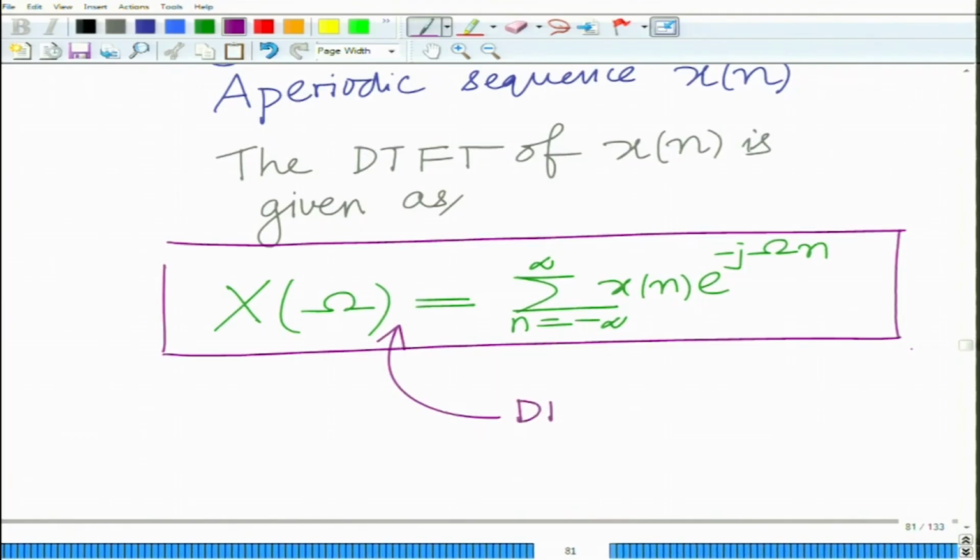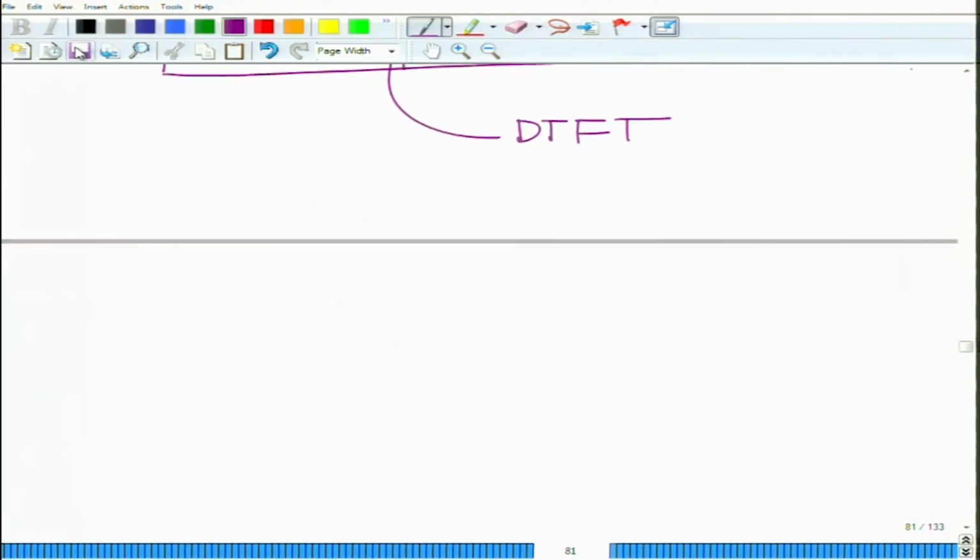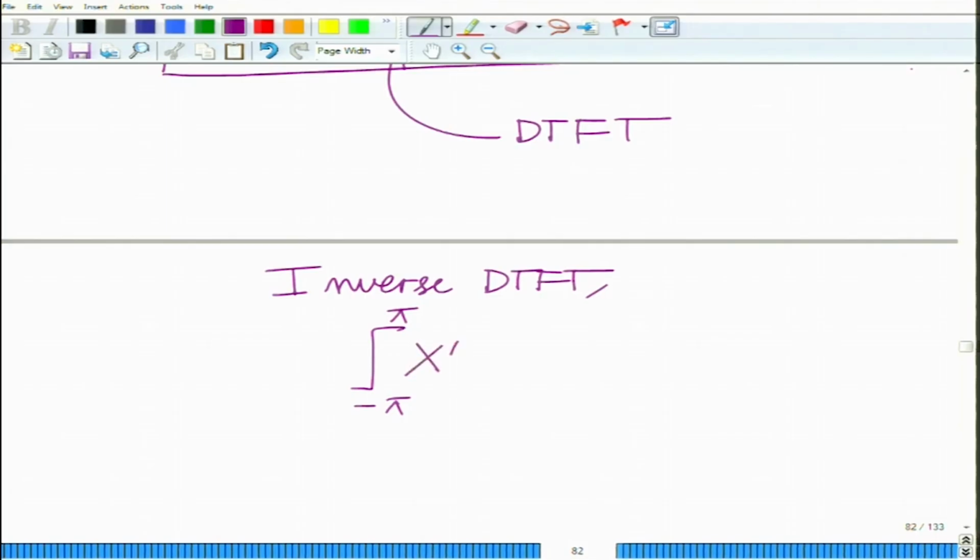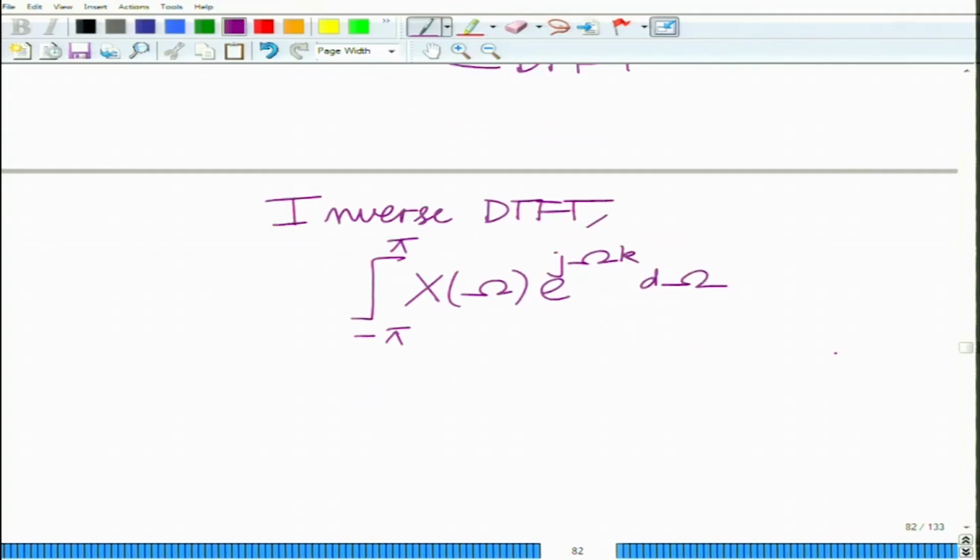Okay, so this is the expression for the DTFT. And further one can derive the inverse DTFT as follows. To find the inverse DTFT, we start with the integral over, let us say, minus pi to pi of X(omega) e raised to j omega k d omega.